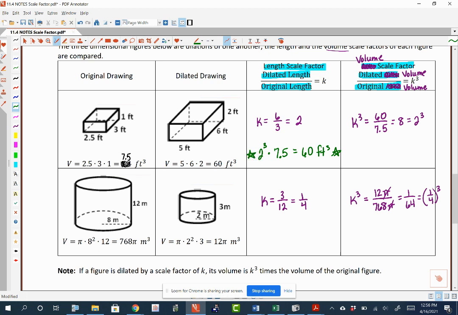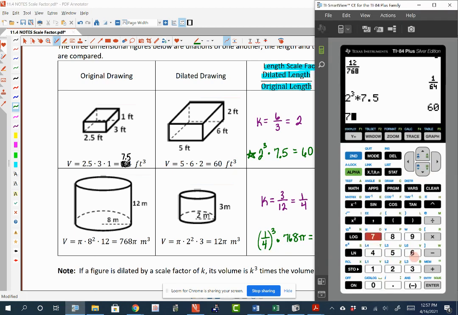So if I want to find the volume of a dilated cylinder, I just need to know its scale factor. So 1/4 in this case, and I would cube it because it's volume, times the volume of the original. So 768 pi. So I know 4 cubed is 64, and 64 divides into 768.